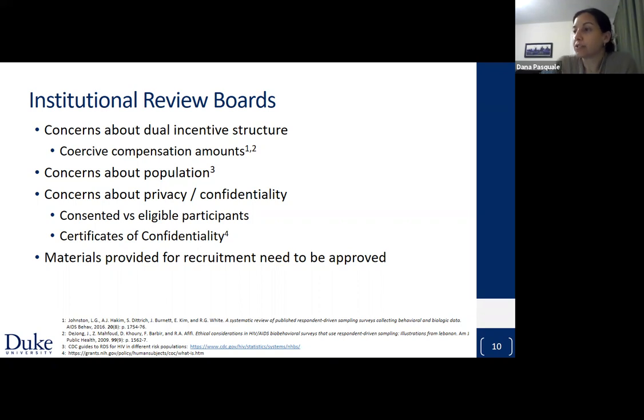There is something called a certificate of confidentiality that can be obtained from different US Department of Health and Human Services agencies. So a COC, a certificate of confidentiality, protects the privacy of research subjects by stating that data collected during the course of the study can't be disclosed for any reason.